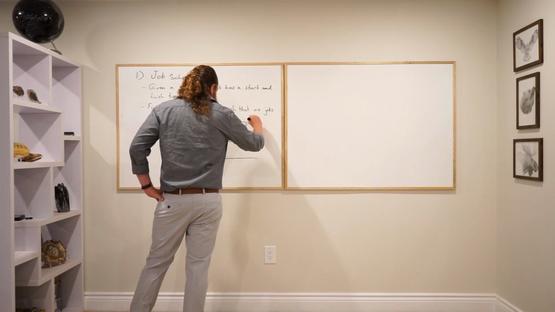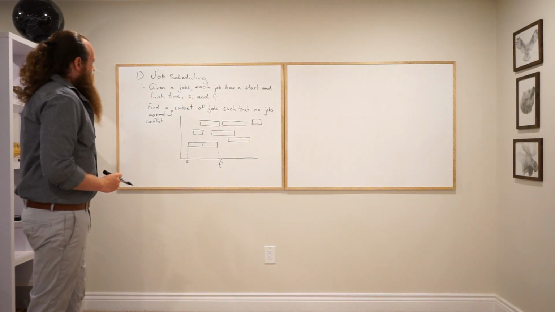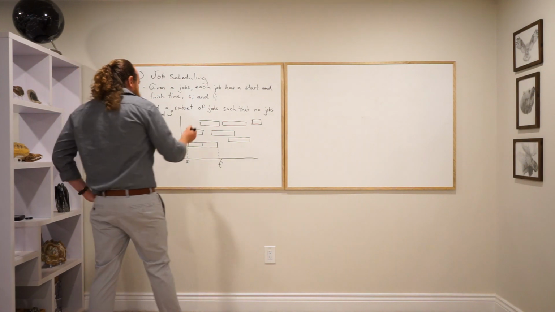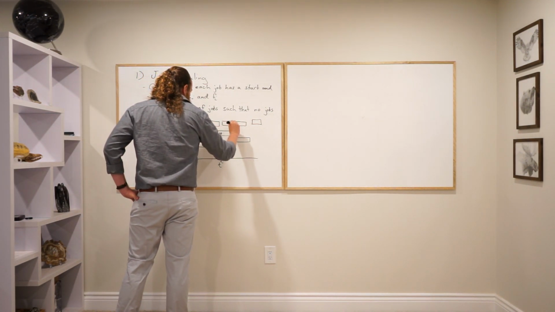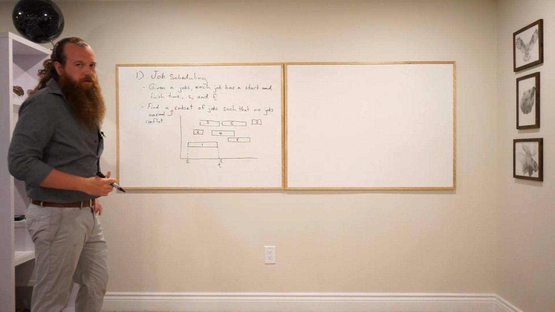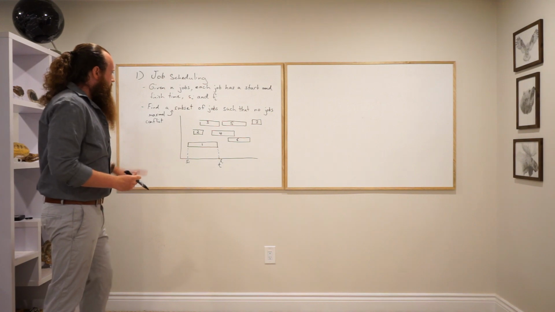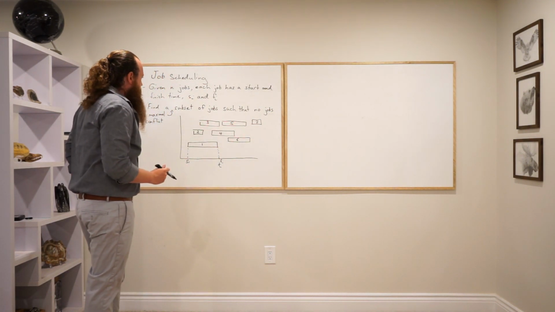I'm just making things up as I go. So how many jobs total do we have? 7? Let's label them: 1, 2, 3, 4, 5, 6, 7. I can put an arbitrary numbering on this. It seems like I've done some kind of temporal ordering, but nothing strict.